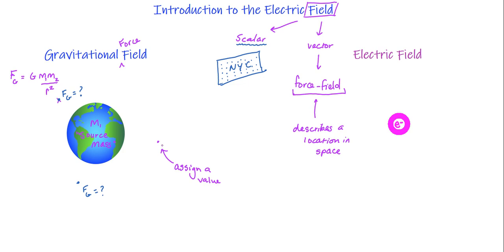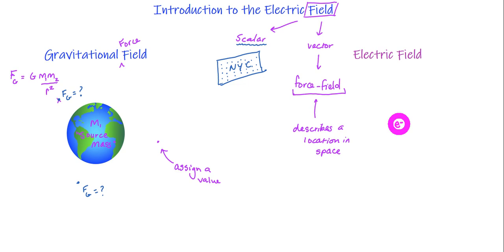At all these locations around the Earth, there doesn't have to be another mass in order for me to describe the gravitational force field. But I do need another mass at a location to describe specifically the gravitational force at that location. So how do we describe the force at a location if there's not another mass?